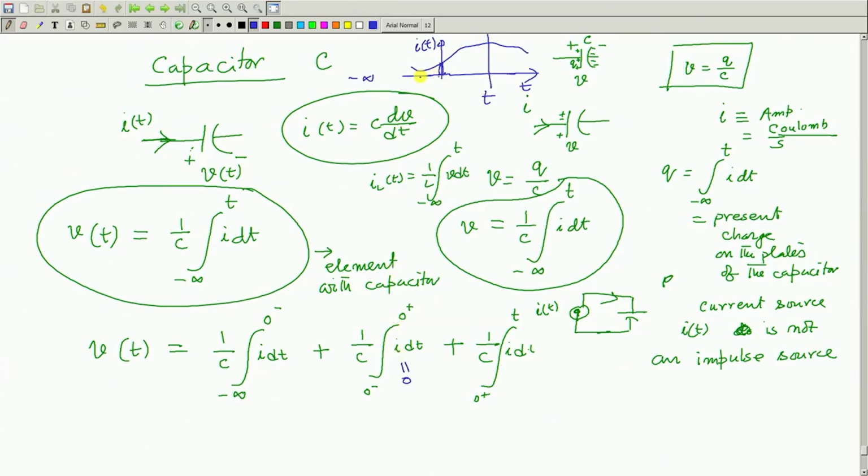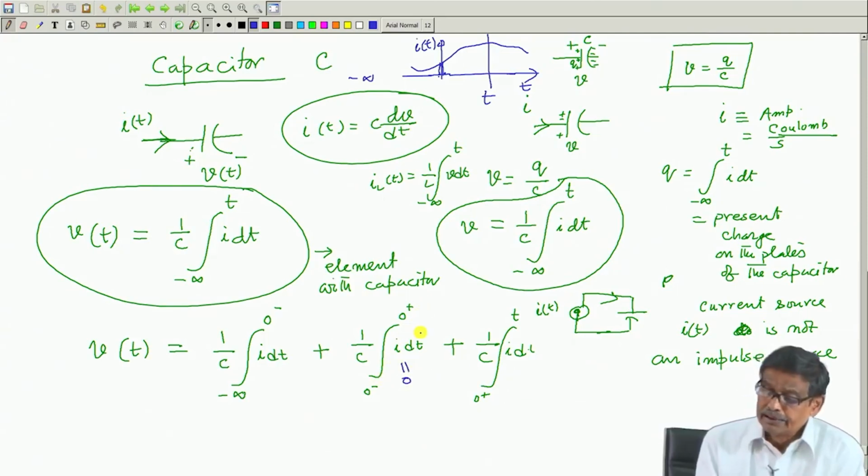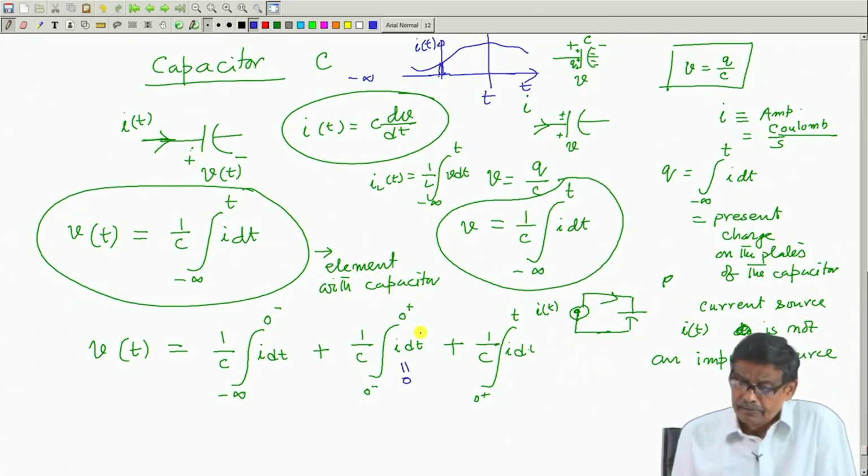This is nothing but the area under the curve. So, this area will be 0, this integral, and so this is the general expression.